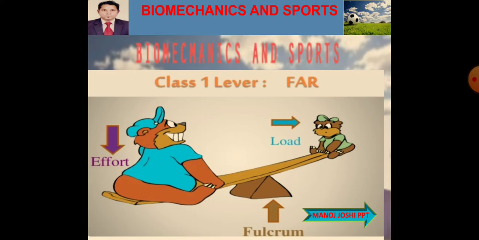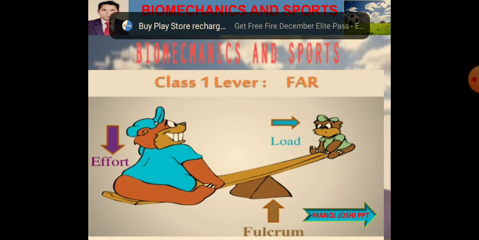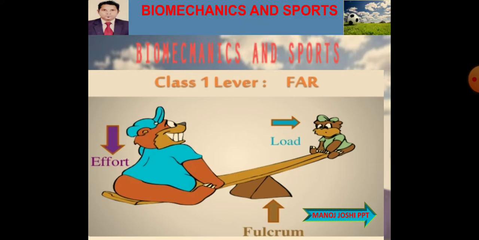The effort is the force being applied, at one end there is the load, and between them there is the fulcrum, because this is the first type of lever. We can see the type 1 lever, FAR, it is also known as FAR.